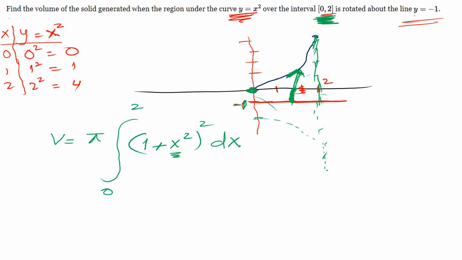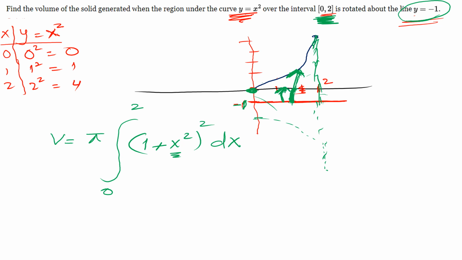Write it in the calculator to get the answer. I hope that this is also clear to you, why 1 plus x squared, because the axis of rotation is not the origin but a certain value of y. So first of all, in order to reach the curve, we have to cover the distance from negative 1 till 0, that is 1.